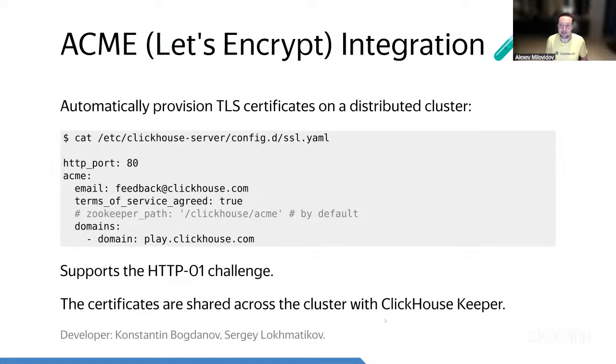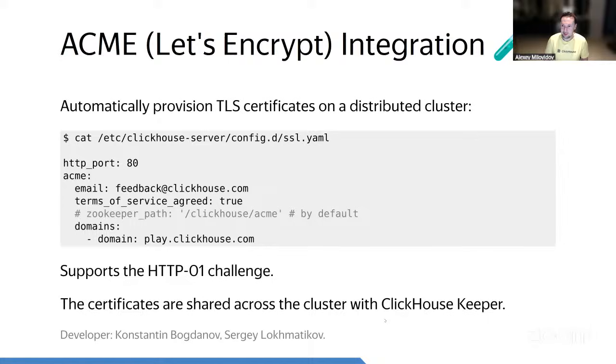Now something even more interesting for those who operate ClickHouse on production, especially distributed clusters, especially regionally distributed. Now you can configure ClickHouse so it will automatically request and provision and use TLS certificates.